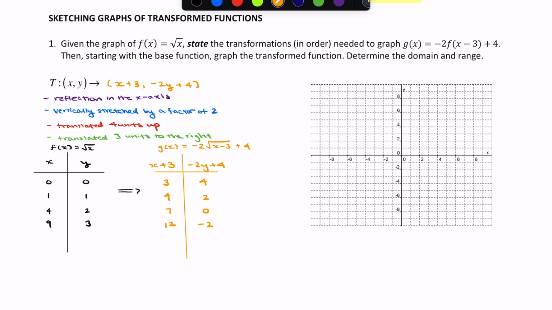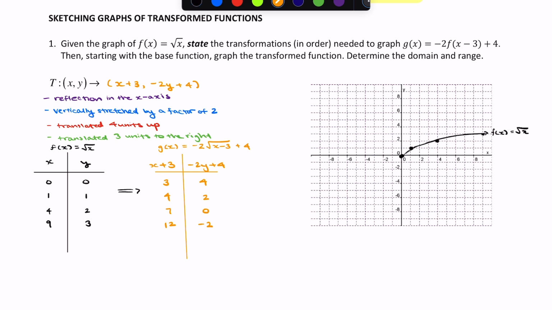Now we have a graph on the right, which we can graph. First we have our original function of square root x: 0, 0, 1, 1, 4, 2, and 9, 3. That will be f of x equals square root x.